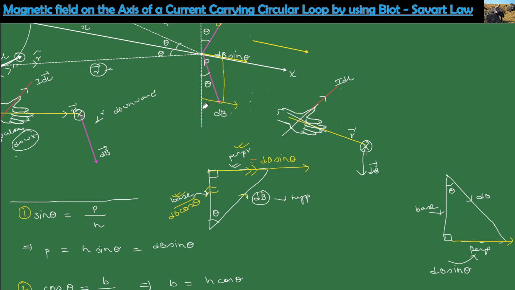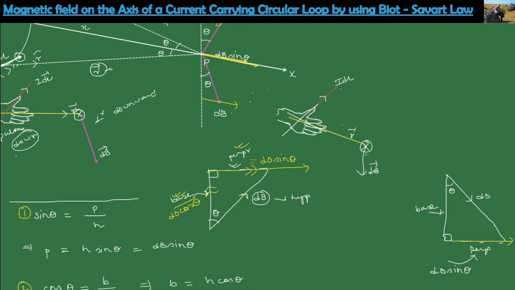The opposite sides of a rectangle are parallel and equal, so I can represent it by this vector. This vector will be dB sine theta from the lower element.